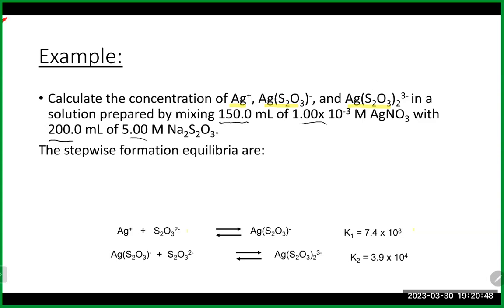So as I said, here in this particular one, we're given a stepwise formation. So it might be helpful just to add those guys together to get the overall reaction we're dealing with.